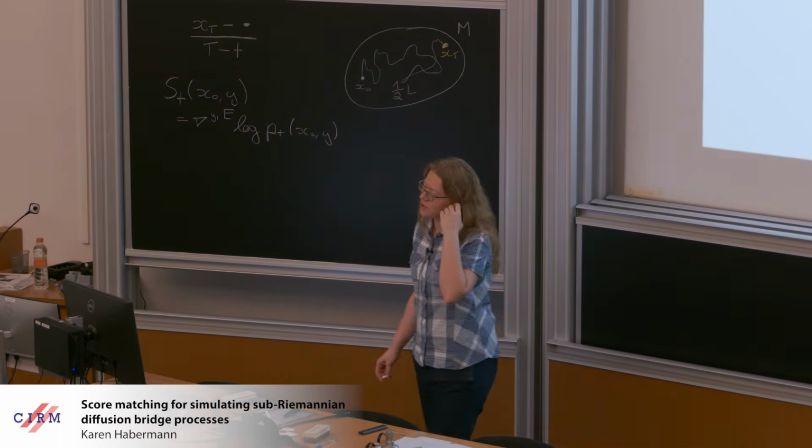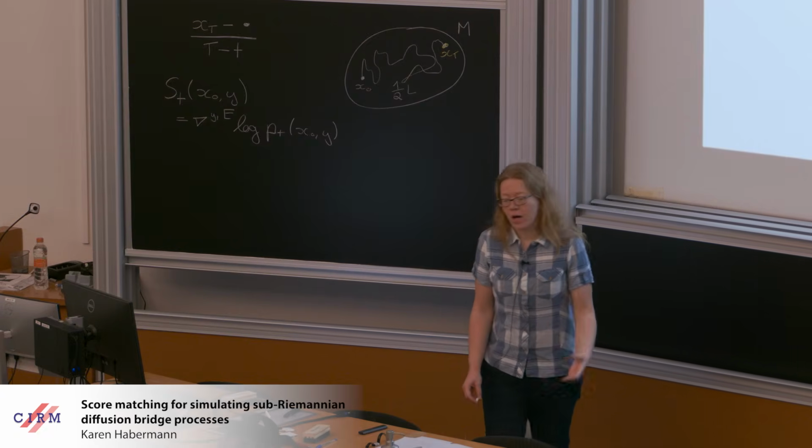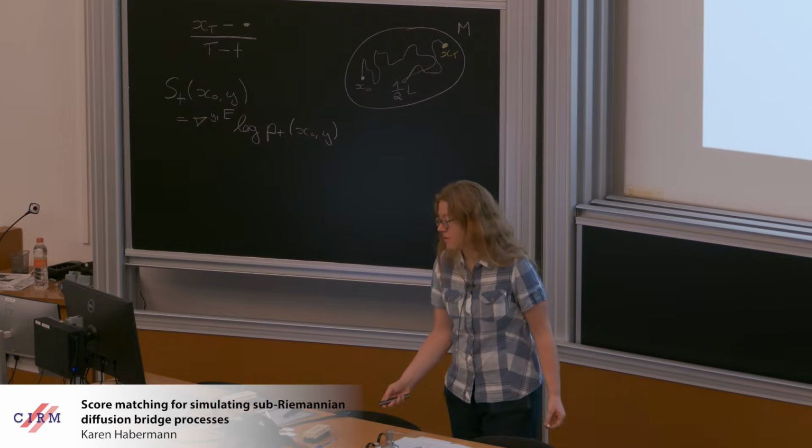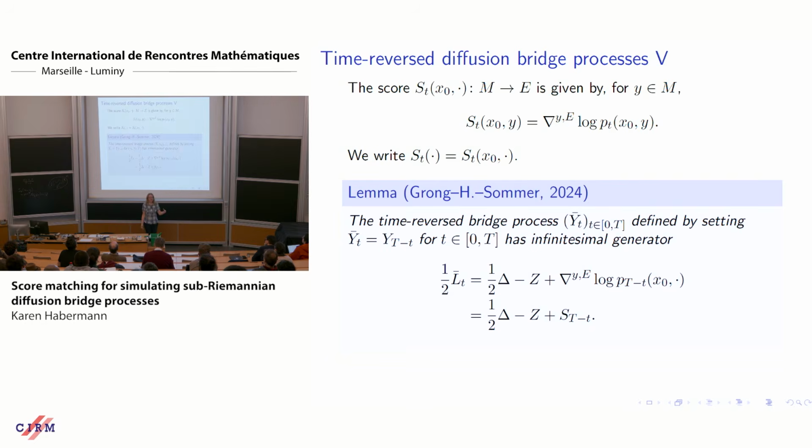We make the convention that if we don't specify the starting point, we think of x0, but at points we will have to specify the starting point. And then with that, the theorem can be expressed as follows: the generator for the time reversed bridge process is 1/2 of the sub-Laplacian minus the drift term, because if we have drift that way when moving forwards in time, then moving backwards in time you have minus of it as a drift.